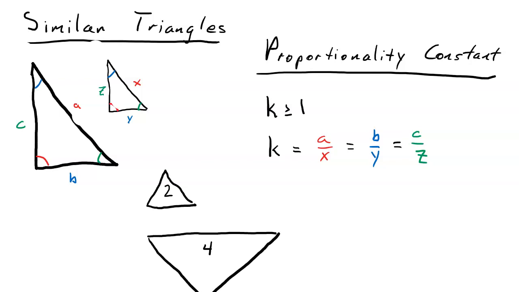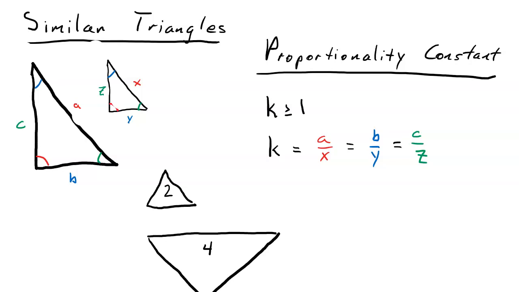I know I'm going off the screen, but I'm trying to make a point. You can multiply a triangle by 2 and get the same triangle, but with all lengths of 4. So this proportionality constant is basically telling you what you're multiplying one triangle by to get another triangle.